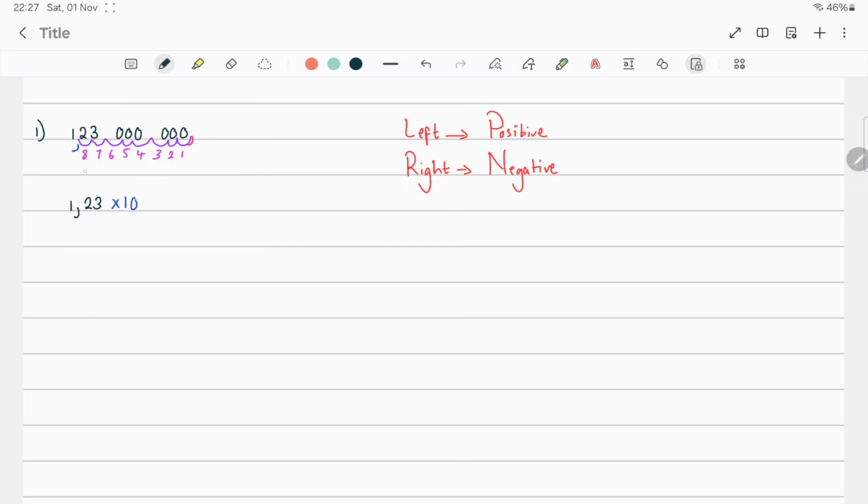We moved it 8 times, like we saw. So our exponent will be to the power of 8. The exponent shows you how many times you moved the comma. So our answer will be 1.23 times 10 to the power of 8.